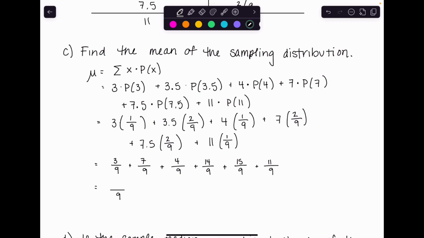So everything is out of 9. So if I do 3 plus 7 plus 4 plus 14 plus 15 plus 11, that's going to end up being 54, which leads me to 6. So my estimator for my median is 6.